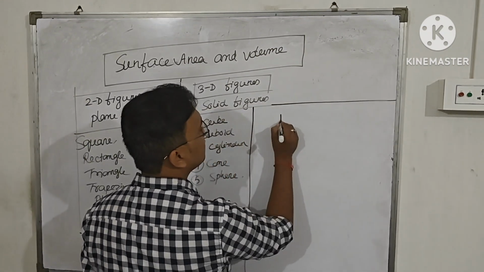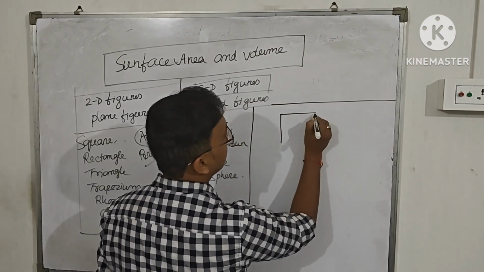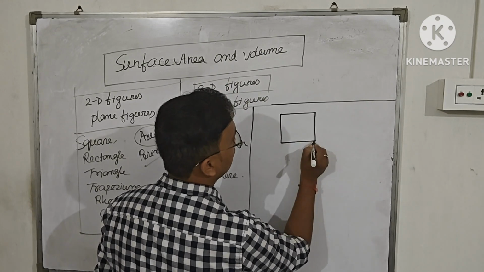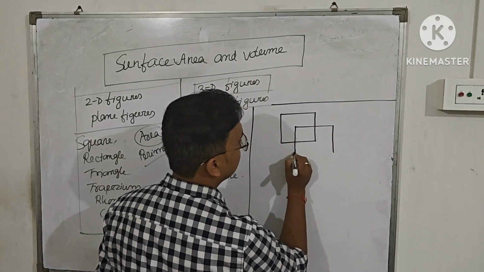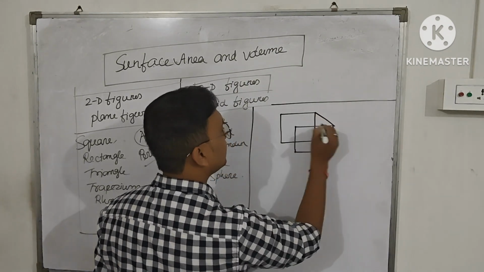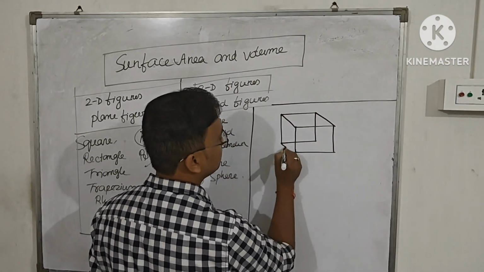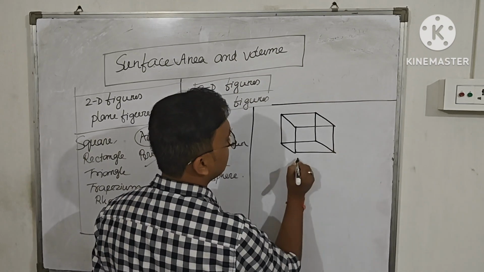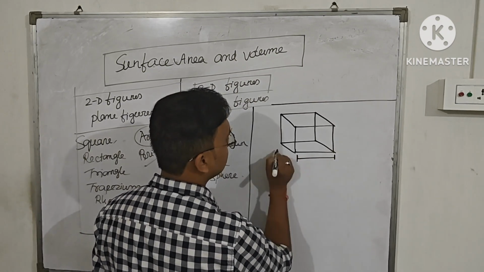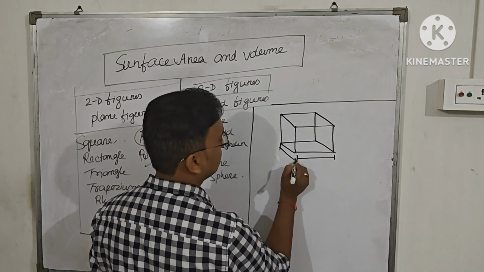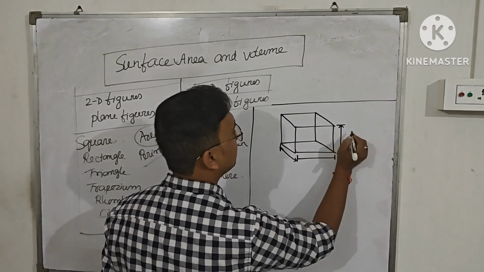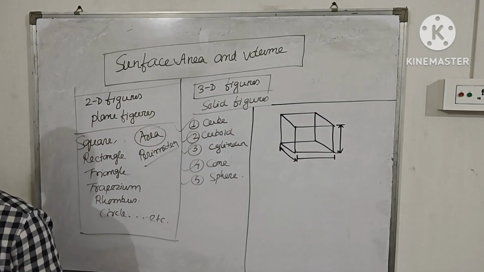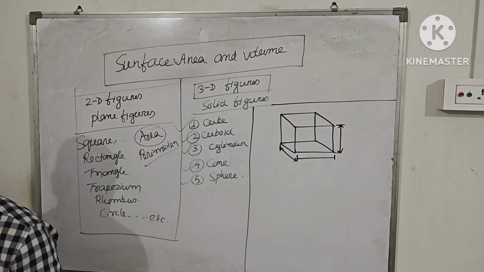So cube means it is like a Rubik's cube, you can say dice of Ludo game, that is a cubical shape. Cube means it is a 3-dimensional figure where there are 3 parameters: length, breadth, and height. Just imagine a dice of Ludo game, right?